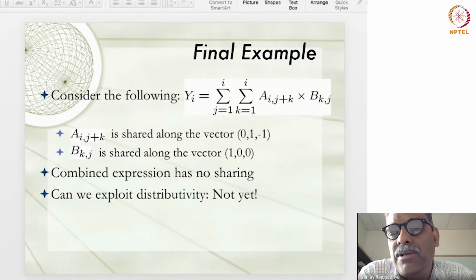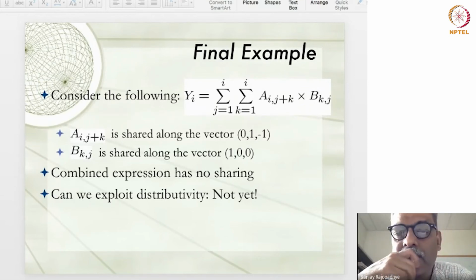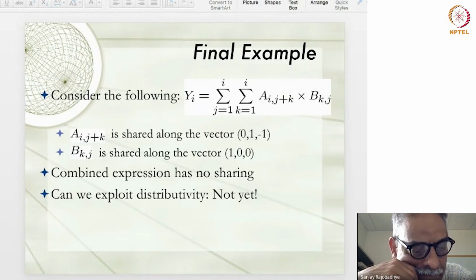Okay, there's a 2-dimensional slice along jk, which is all accumulated. And the expression is a of i, j plus k, and b of j, k. There are 2 terms that are multiplied inside. Agreed? Yes.